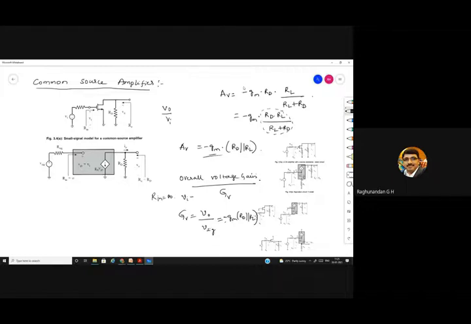Obviously, whatever Vi we are getting will be equal to V signal only, because Vi is nothing but the gate to source voltage. So whatever voltage we are getting across this will be almost equal to V signal because R signal is almost neglected.